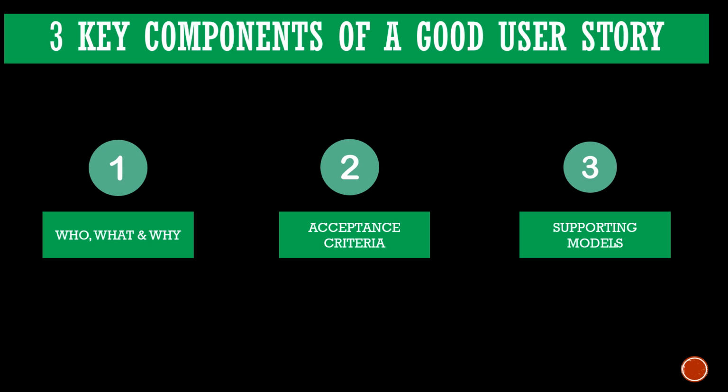This will really help if the team are not sitting together and are widely distributed. These 3 components will really help the project team to understand the entire user story and help it to be delivered correctly.